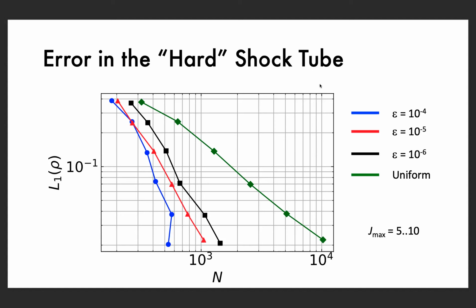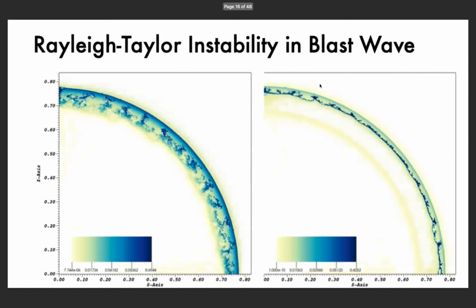That's, remember, our cutoff to the wavelet expansion. If we set it to be 10 to the minus 6, 10 to the minus 5, or 10 to the minus 4, we get the black, red, or blue lines respectively. And we get a nice accelerated convergence in the error, it's almost like a factor of 10 fewer points in the simulation.